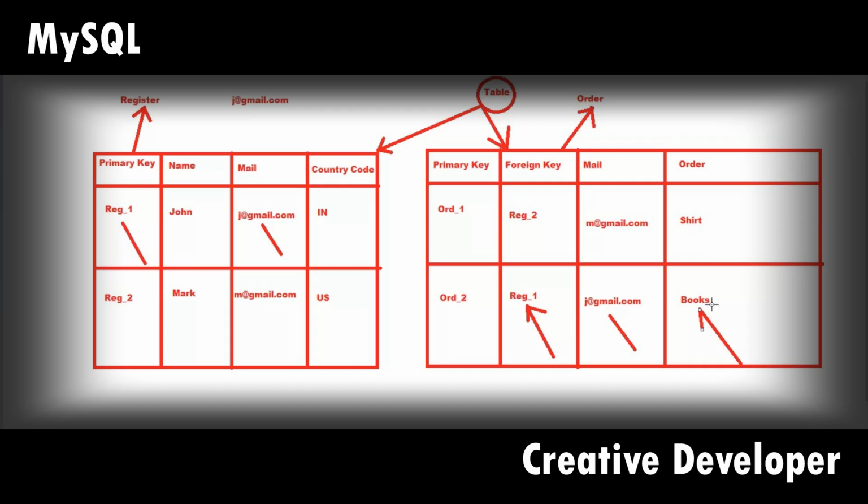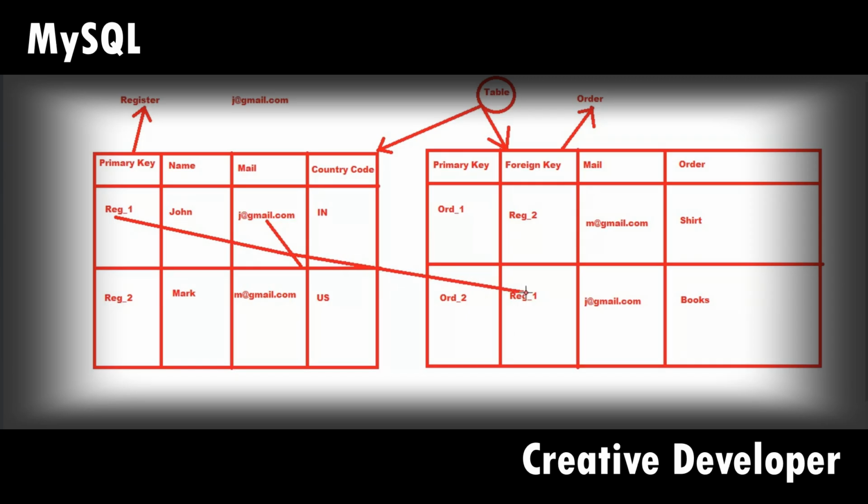I hope you understood what a primary key is and what a foreign key is. A primary key should always be unique, but a foreign key, when we have two tables which are related to each other, should be the same as the primary key. Like in the register table reg, and here is the name and the email id. If you notice, this register id and this one are the same.